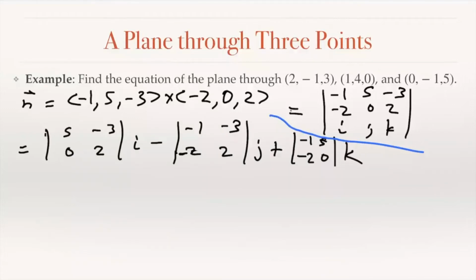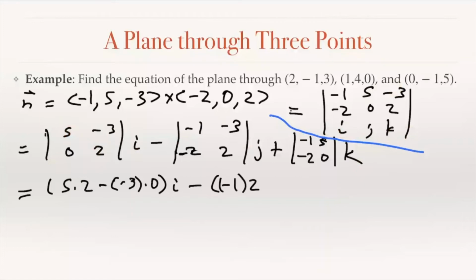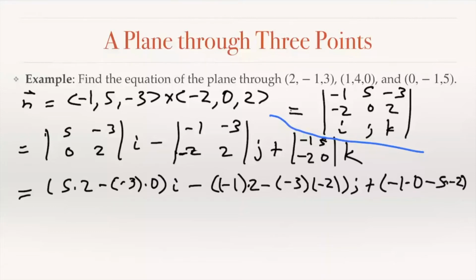Again, each of these is the submatrix obtained by deleting the row and column in which I, J, and K reside respectively. Okay, and the determinant of a 2 by 2 is the main diagonal minus the other diagonal. So that's 5 times 2 minus negative 3 times 0, I, minus 1 times 2 minus negative 3 times negative 2, J, plus negative 1 times 0 minus 5 times negative 2, K.